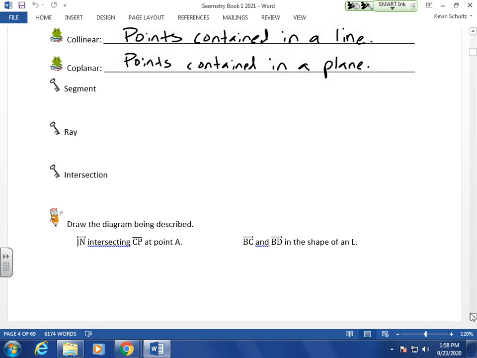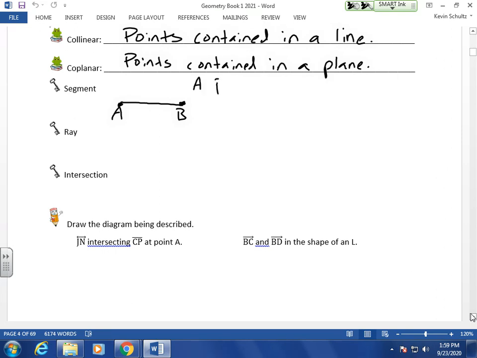Okay. A segment. Have you heard of a segment before? What's a segment? A part of a line, okay? Whereas a line has at least two points, but continues on forever in both directions, a segment has a beginning point and an end point. I don't want to use line because it's not a line.